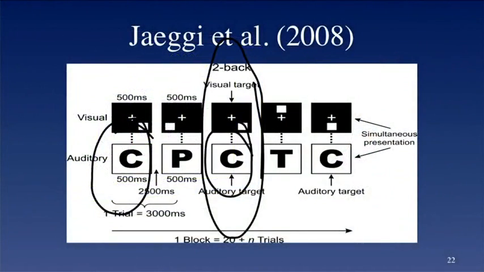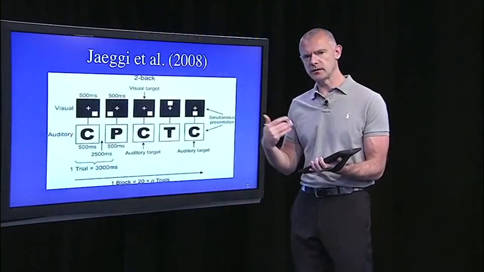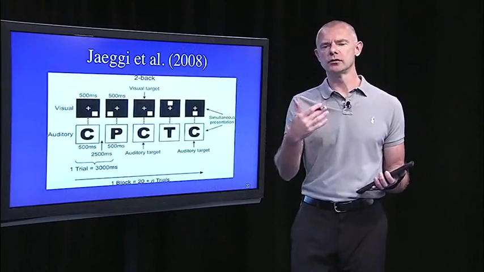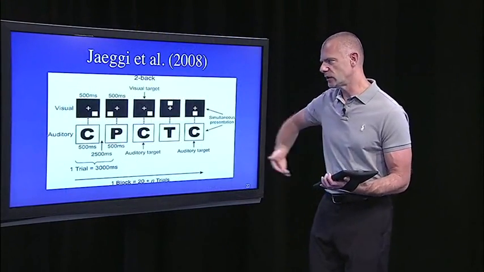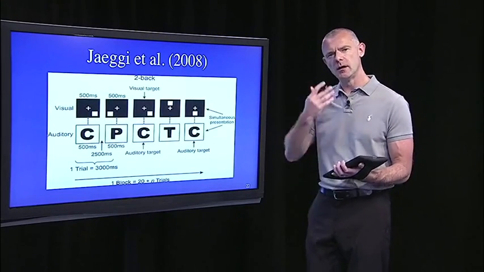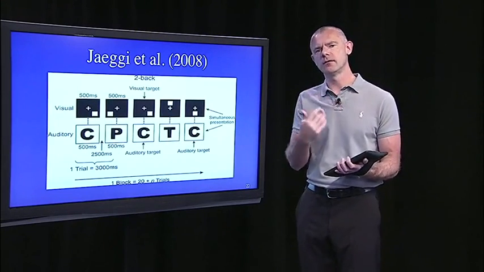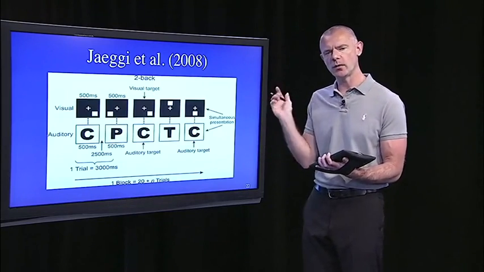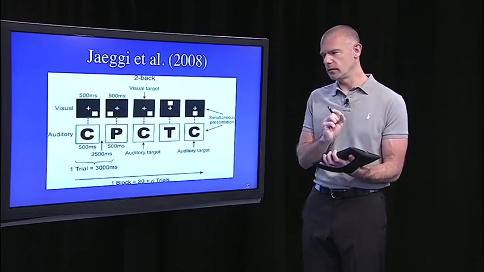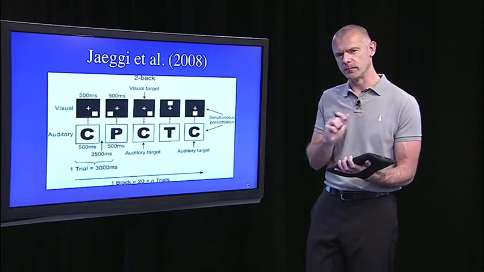That's when the subject would have to say, yep, that matches both the visual stream and the auditory stream, the stimuli that came 2 back. This is thought to measure an individual's short-term or working memory because the subjects have to continuously update both visual and auditory information, maintain that information, and make a response when both match the stimuli n back in the stream.